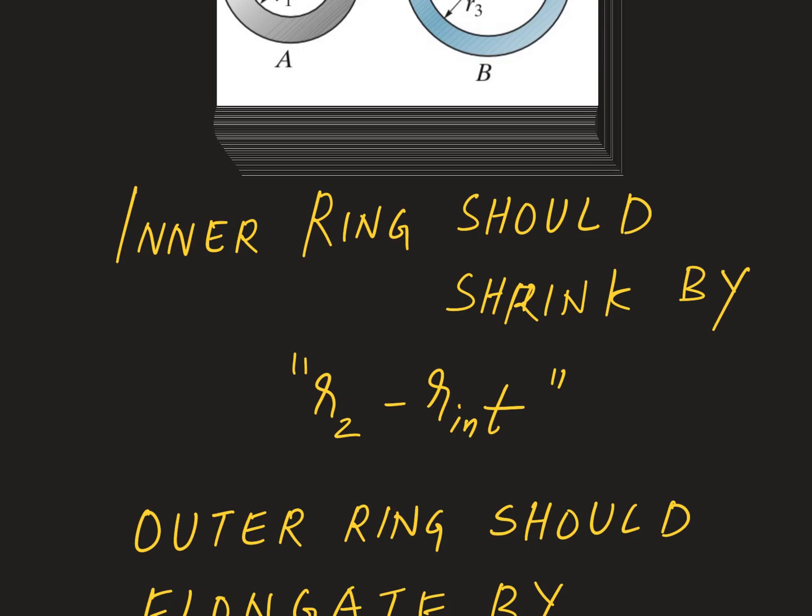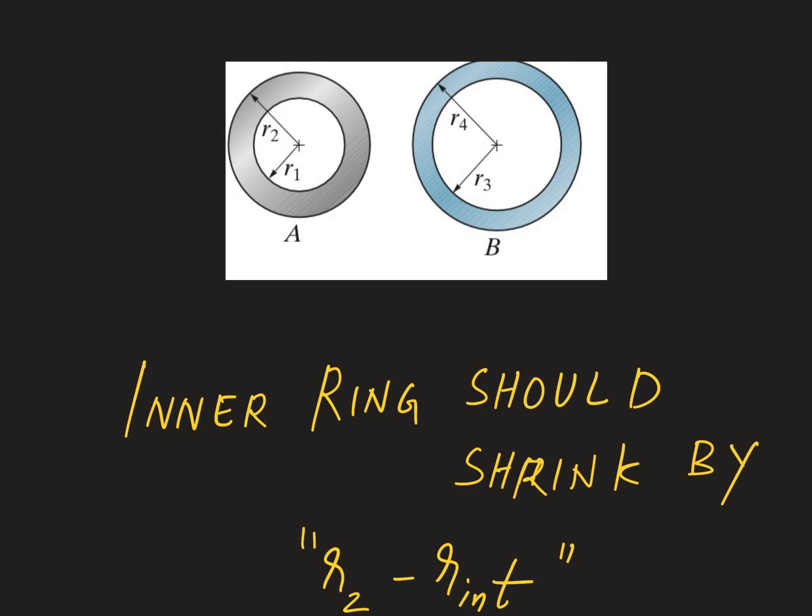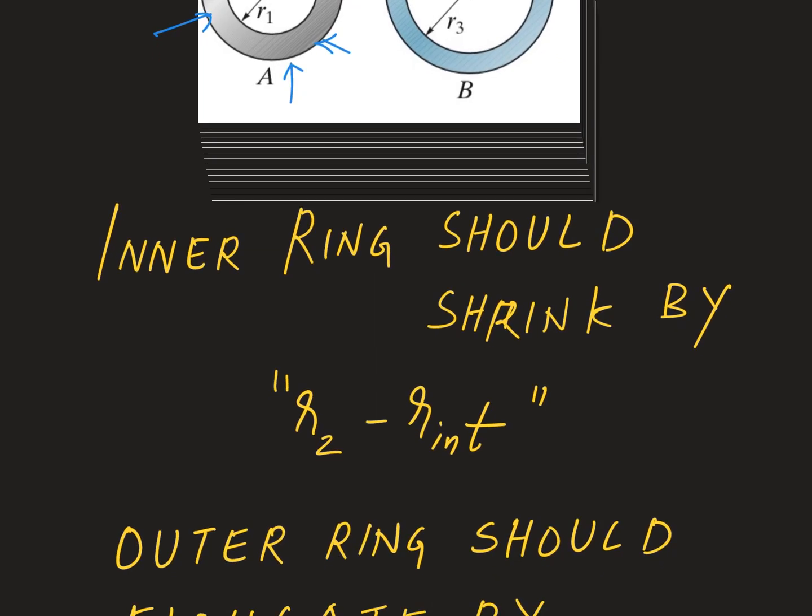See, the inner ring should shrink by R2 minus R int, right? Because of the external contact pressure that is acting on this ring, it should shrink by an amount R2 minus R int.